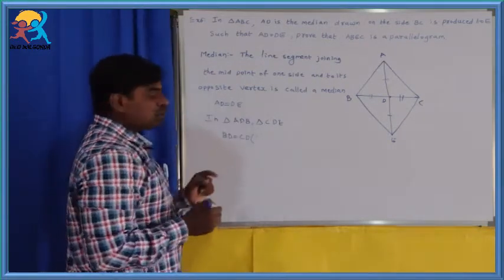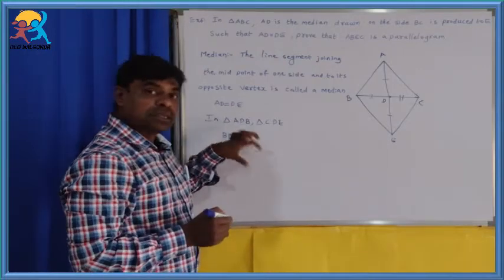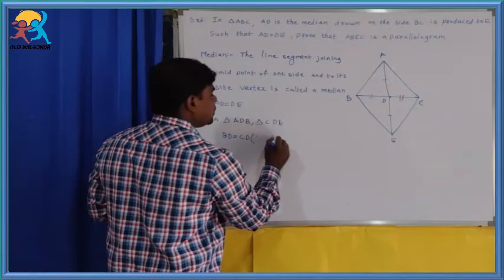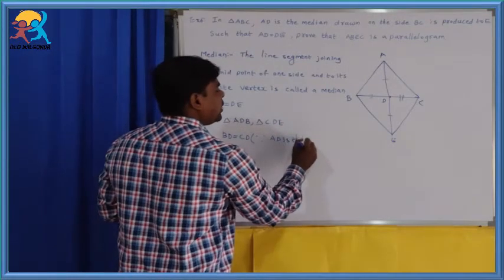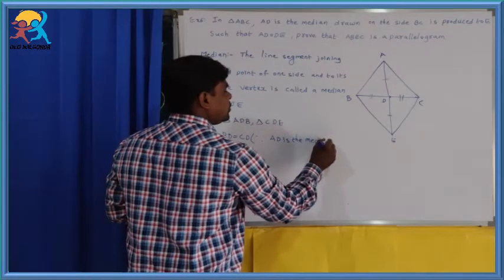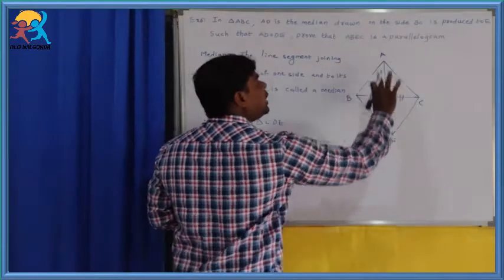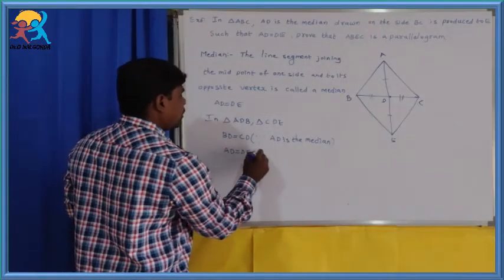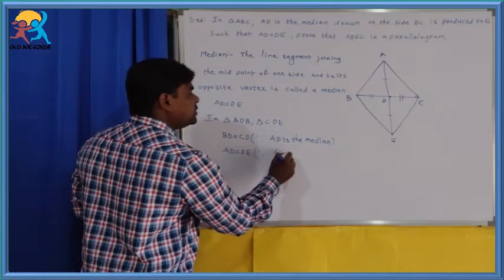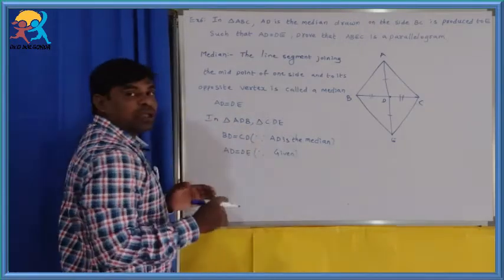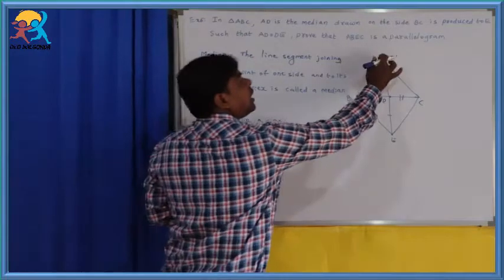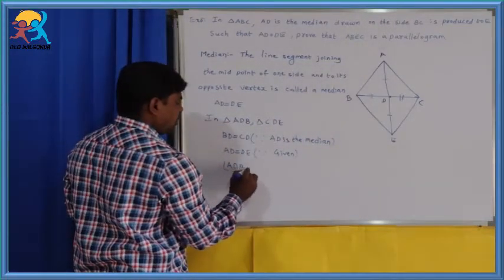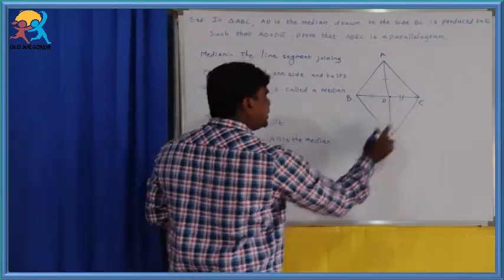Since AD is the median or D is the midpoint, and AD is equal to DE, since it is given in the question itself, and angle ADB is equal to angle CDE.